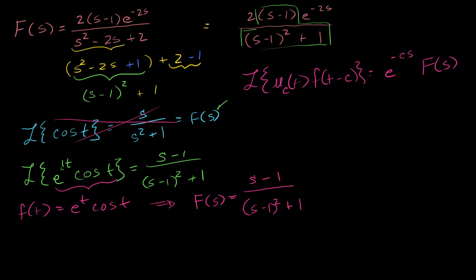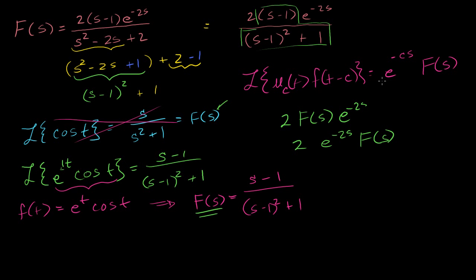Right? Now, we have a situation here. This expression, let's ignore the 2 here. The 2 is just kind of a scaling factor. This expression right here is equal to, if this is our f of s, 2 times e to the minus 2s times f of s.